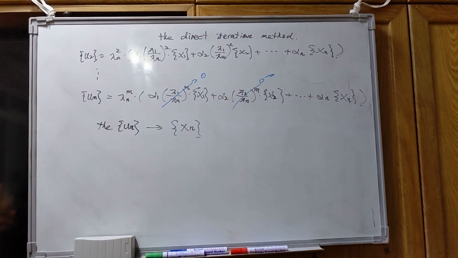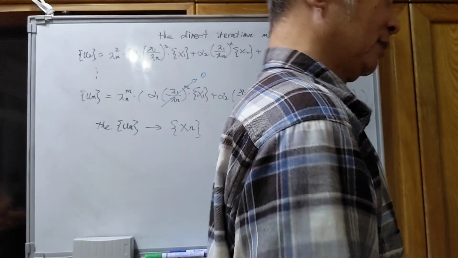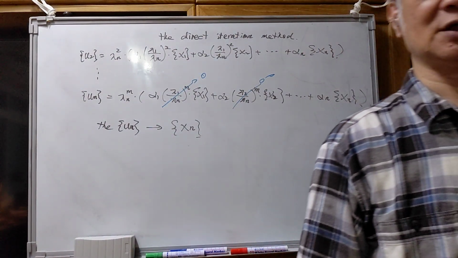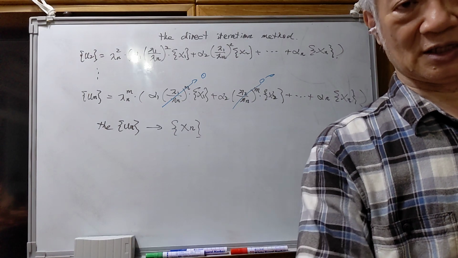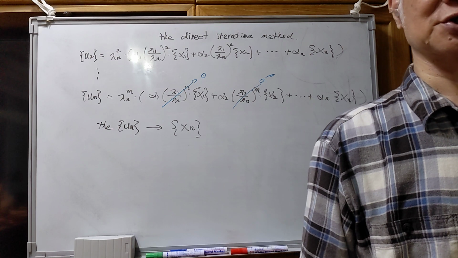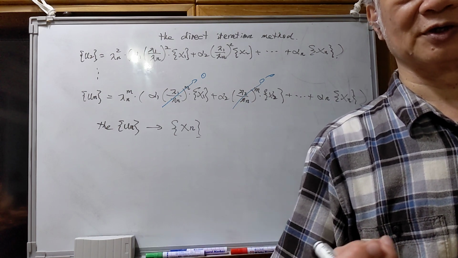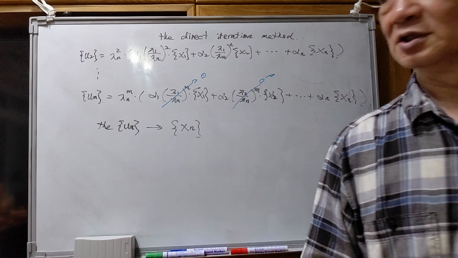If we use the direct iteration method, in each iteration we can increase the power for the ratios. So the ratios compared to the last term will be close to zeros.